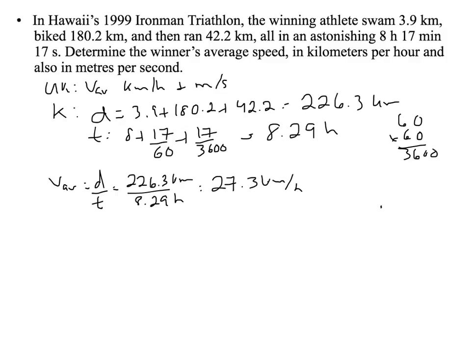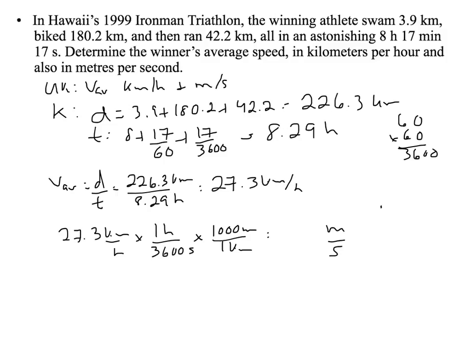So let's convert our 27.3 kilometers per hour into meters per second. So how do we do that? Well, first of all, let's get rid of the hours. So we'll put 1 hour up here, and we'll do 3600 seconds. And now we'll get rid of the kilometers. 1 kilometer down here. 1,000 meters in a kilometer.